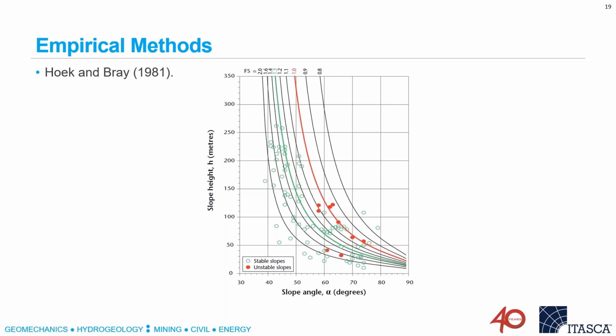But I think also some of these are overall slopes. Certainly, slope heights have increased over time. We know that, but I haven't looked at the database to know whether these are all inter-ramp or some of them are overall. I suspect it's a mix.